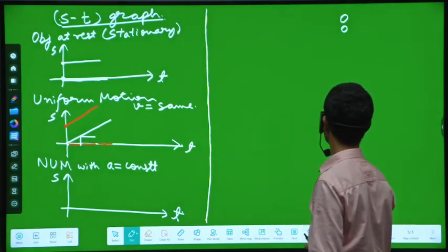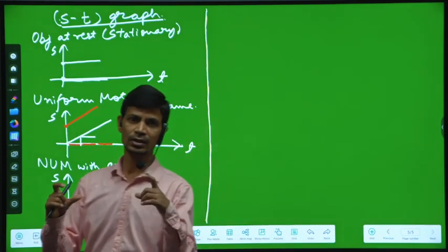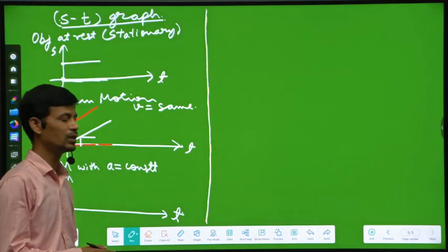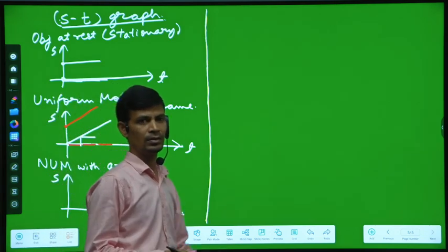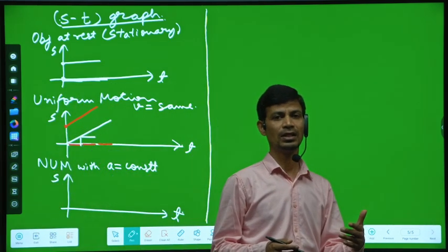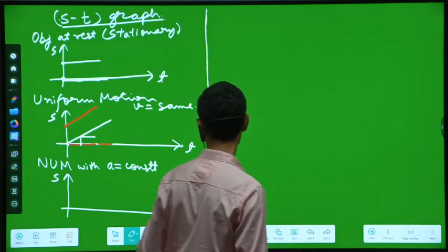You can try it at your home, drop something, take several pictures with high shutter speed, and you will see that it has traveled first a very small distance, then a longer distance.